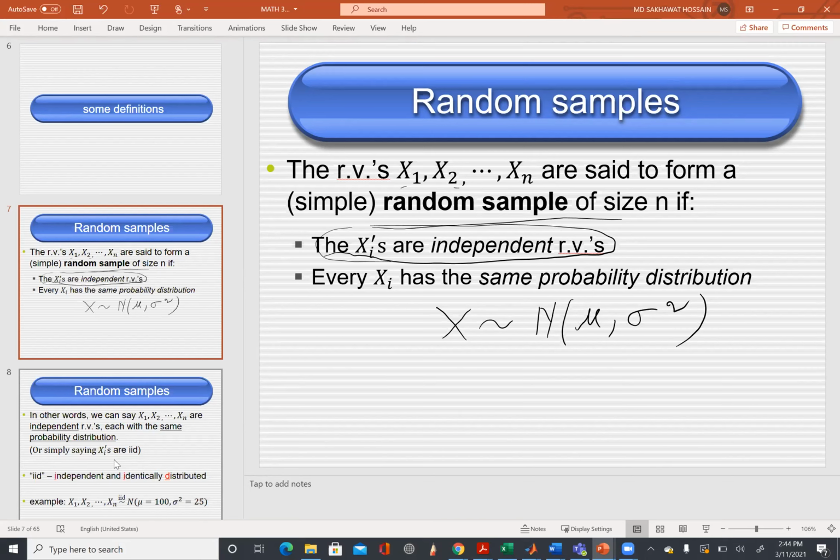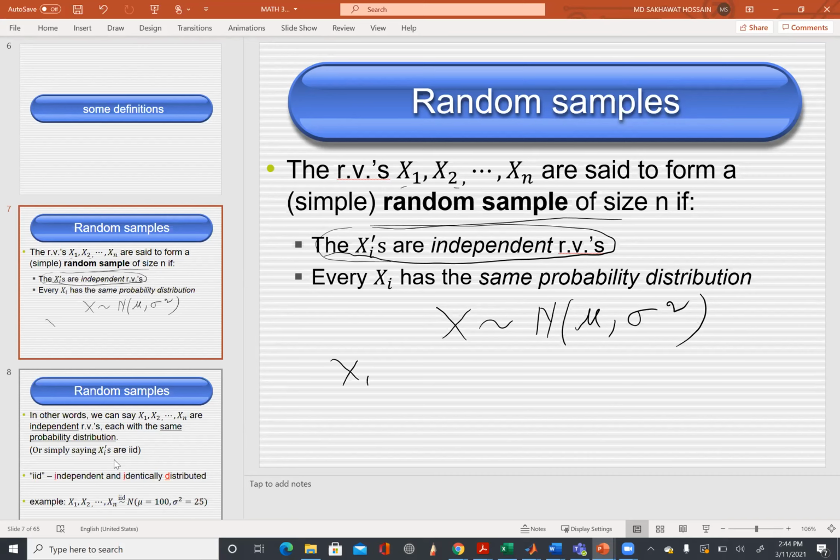A sample will be called a random sample or simple random sample if all the random variables are independent. They have to be independent, and every xi has the same probability distribution.